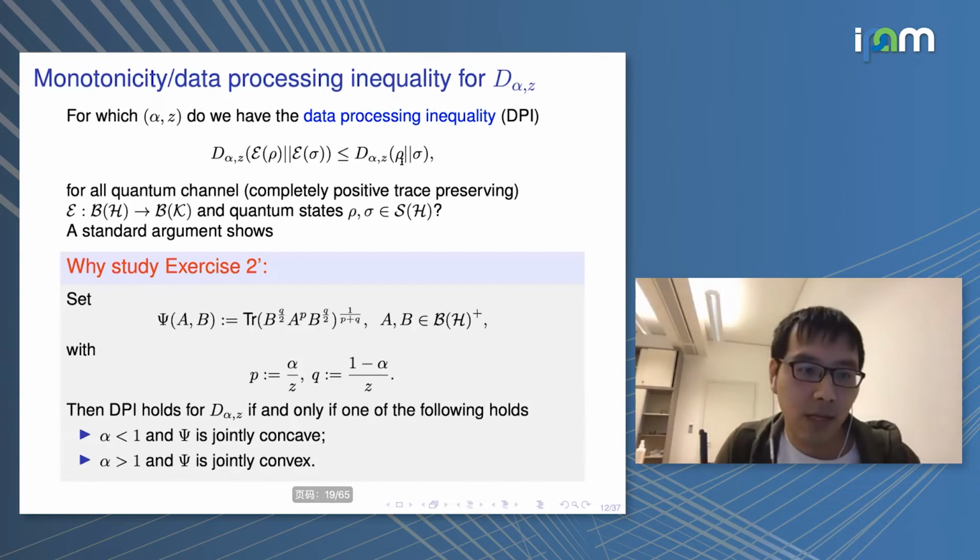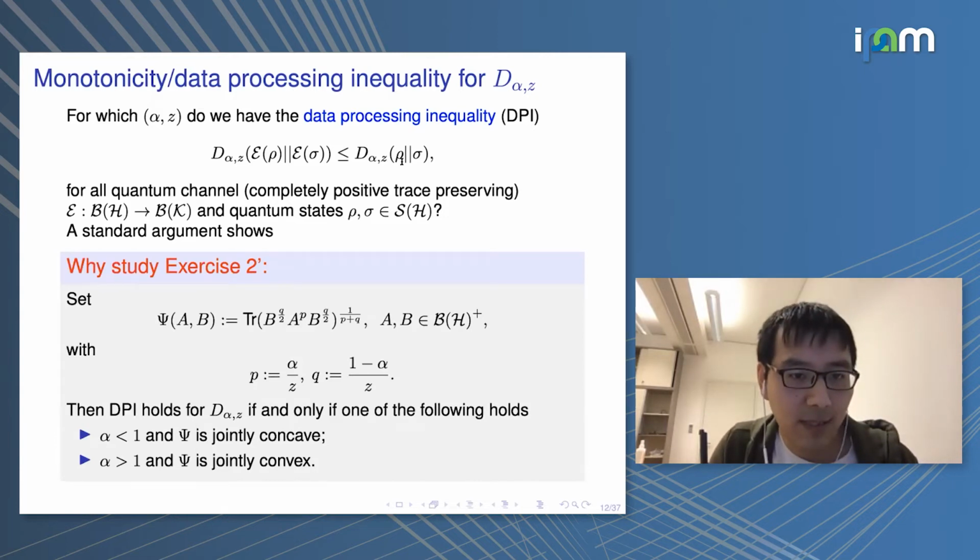And it turns out that, using a standard argument, one can show that this is essentially equivalent to the joint convexity and joint concavity of the trace functionals inside the definition of the alpha-z.